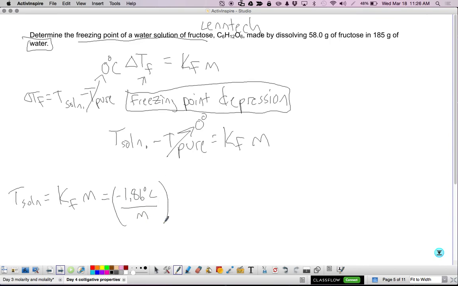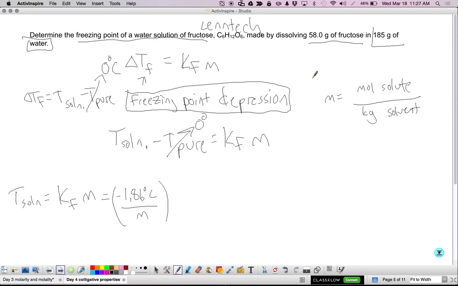Now, what about the molality? Well, I don't have the molality. I'm given a mass of the solute and a mass of the solvent. So I need to find the molality. And remember that molality is moles solute over kilograms solvent.